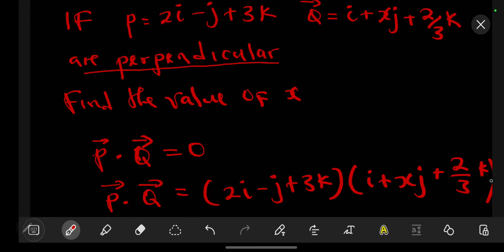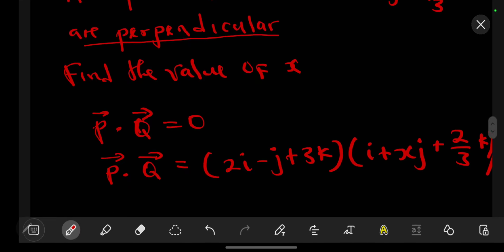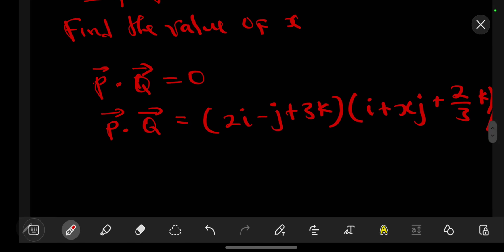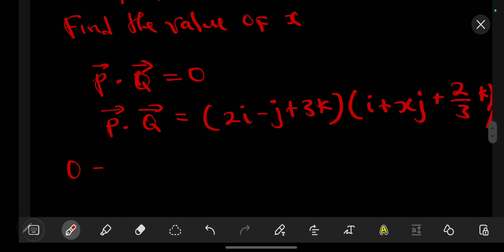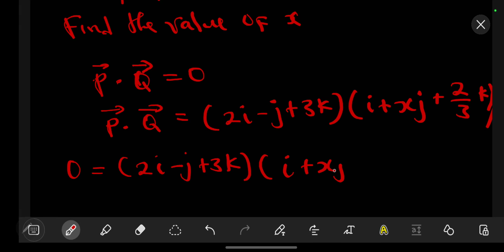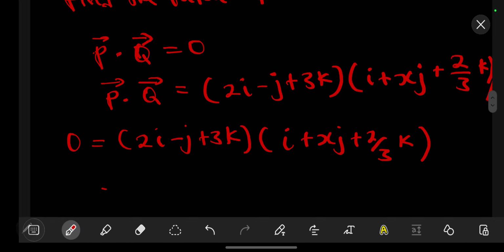So we know P dot Q is equal to 0. Where there is P dot Q, we put 0. So we have 0 equal to 2i minus j plus 3k, another bracket, i plus xj plus 2 over 3 k. Therefore, let's multiply.